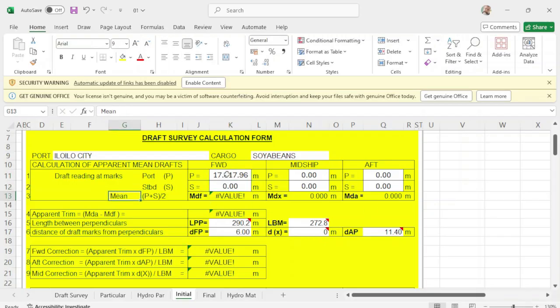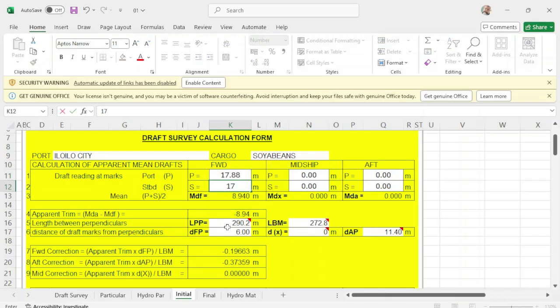I'm sorry. Do it again. 7.88, 7.96. These are common errors or human errors that I make mistakes. So you must also be careful when inputting the numbers.